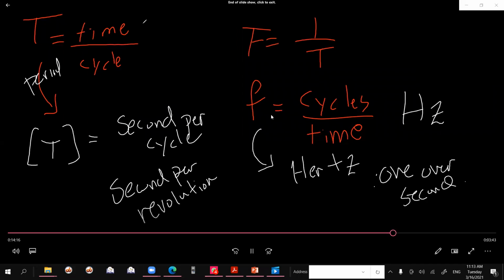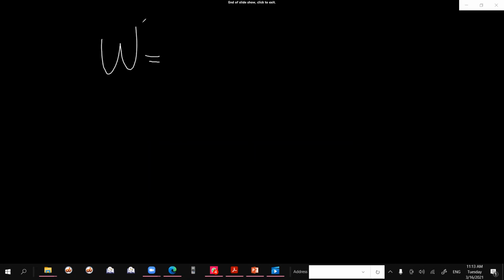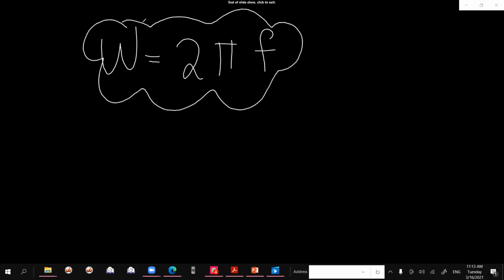Now, let's come back to the angular velocity, the omega. If you know the frequency, you can say that omega is 2 pi times the frequency. This equation, you must commit to memory. So omega is 2 pi f. This is omega, the angular velocity.